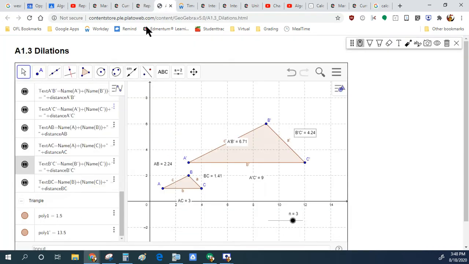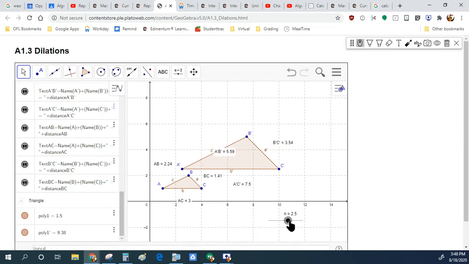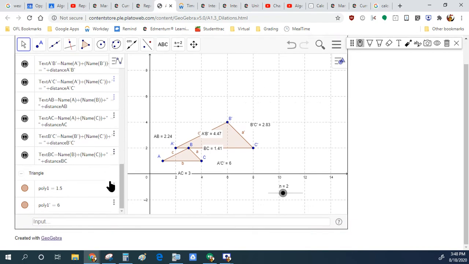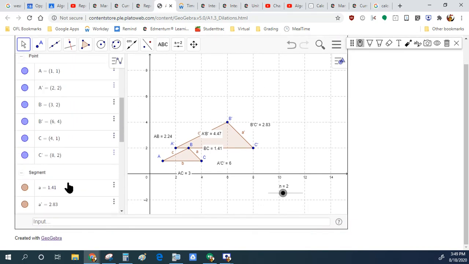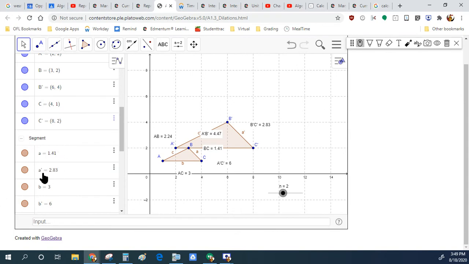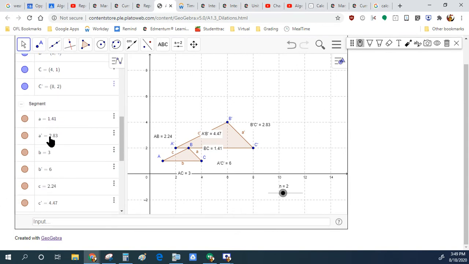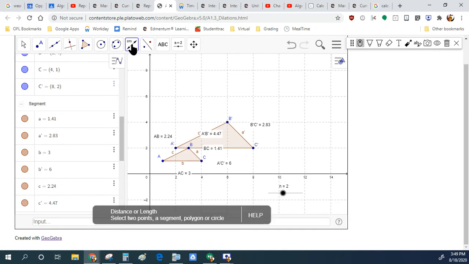And I would do the same thing when I scale this down. Also, I believe if you look over here, it'll tell you the lengths. A prime, B prime, C prime. So even if you don't want to do this whole area thing, you can literally just check right here and it gives you the lengths.